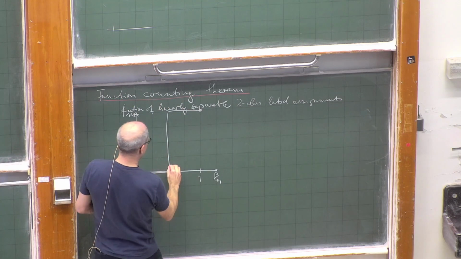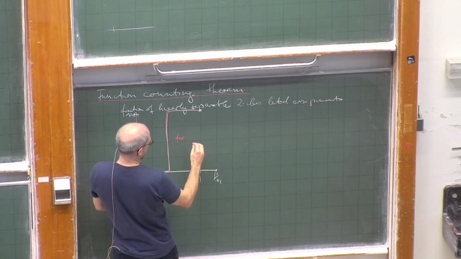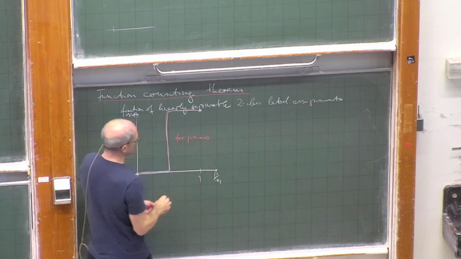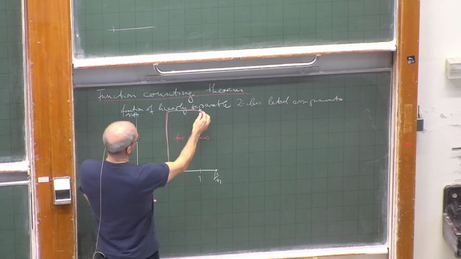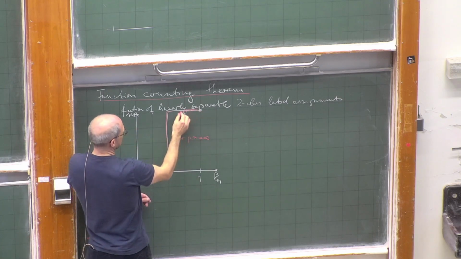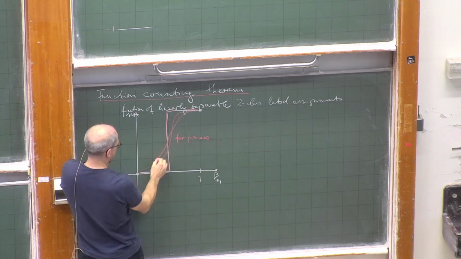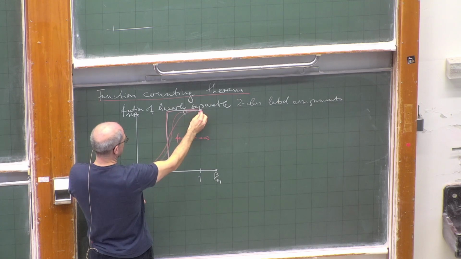We get this curve here for P over N going to infinity. And for finite values of P and N, this curve here is getting more and more, well, softer and softer.